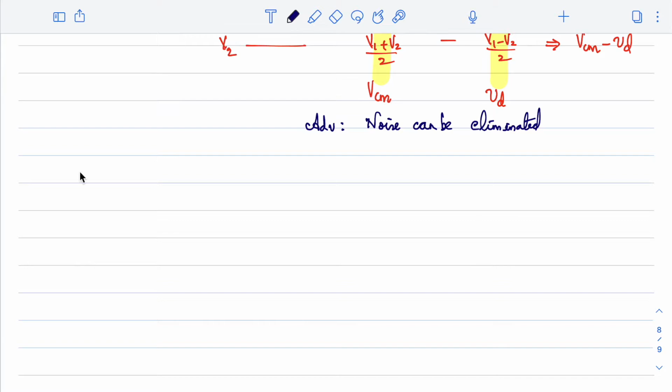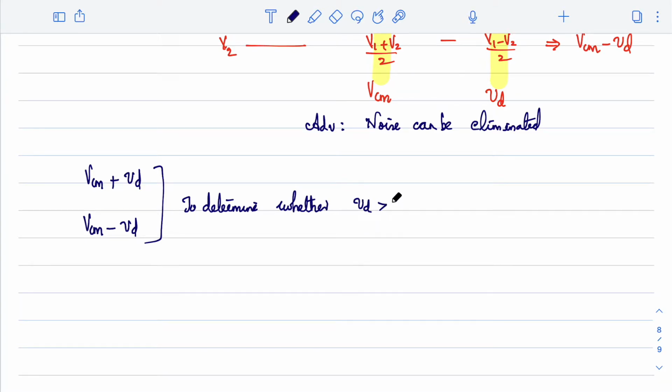Now, if you have VCM plus VD, or VCM minus VD, the whole task is to determine whether this VD is greater than 0 or less than 0. Does it make sense? Just moving from the single-ended version to a differential version.